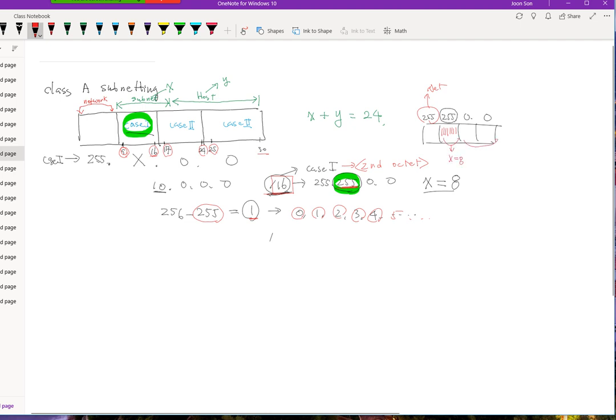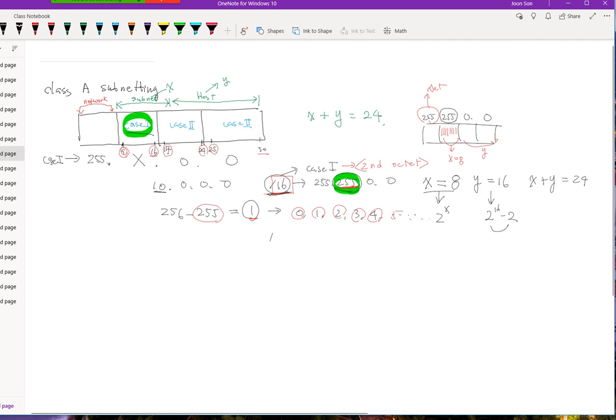And what is my Y? 16. Thank you. So we know that X plus Y is always 24 for class A subnetting. From this, we can have 2 to the X subnets, and 2 to the 16 minus 2 host IP addresses per subnet.